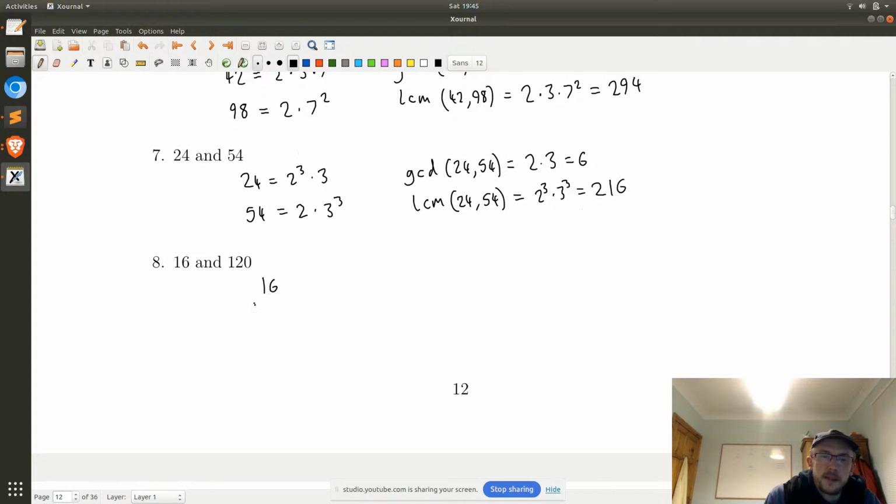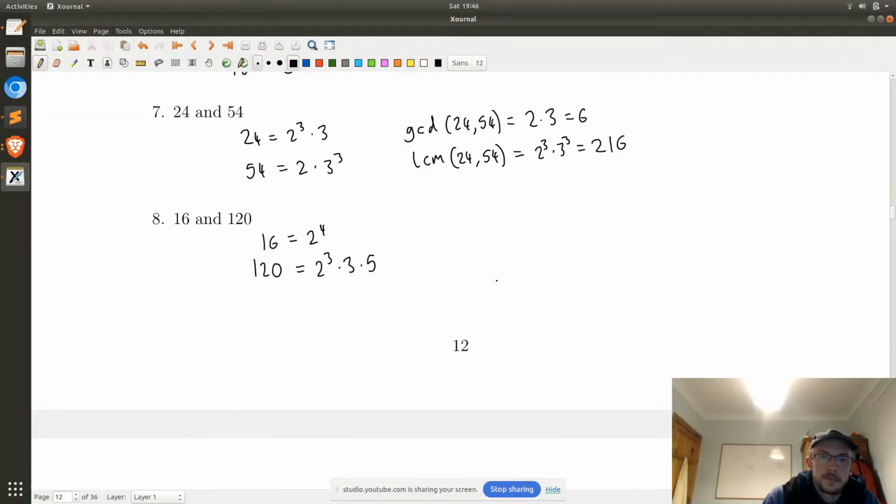And now for 16 and 120, well, 120 is 2 times 5 times 2 squared times 3. So 2 cubed times 3 times 5, just like that. And now their GCD and LCM.